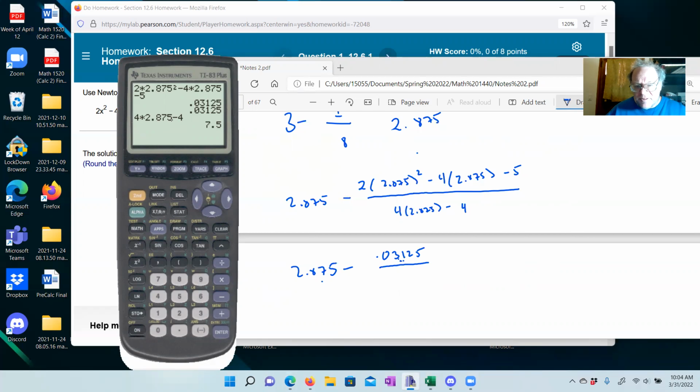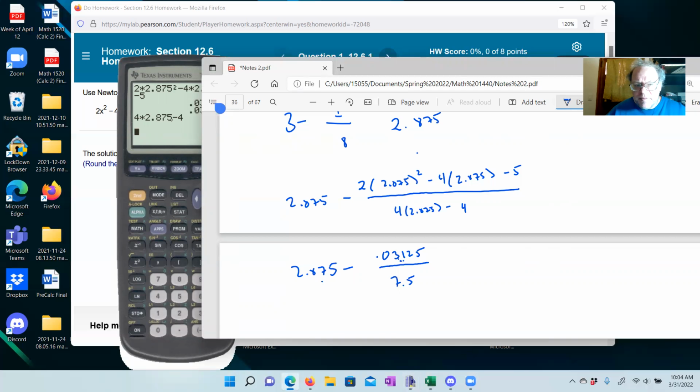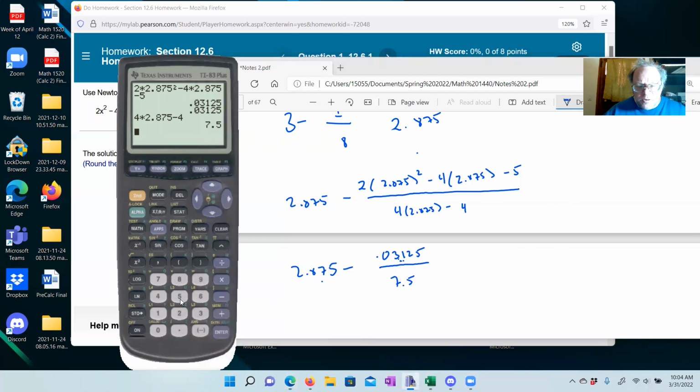So this is 7.5 on the bottom. So what we're going to do is say 2.875 minus 0.03125 divided by 7.5.